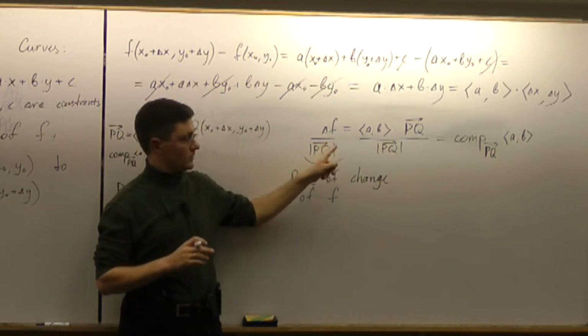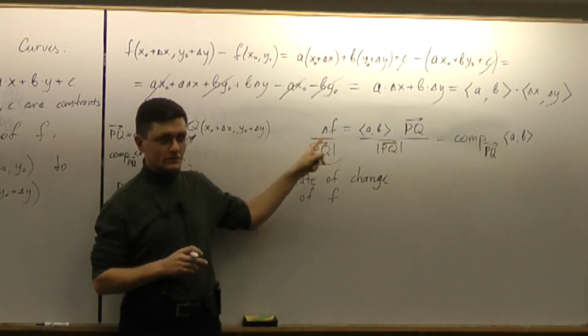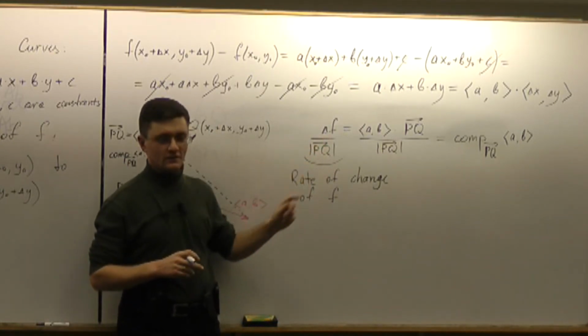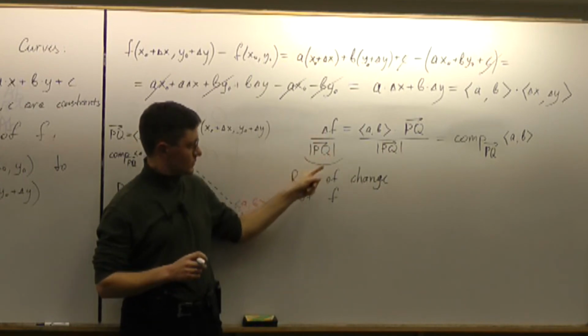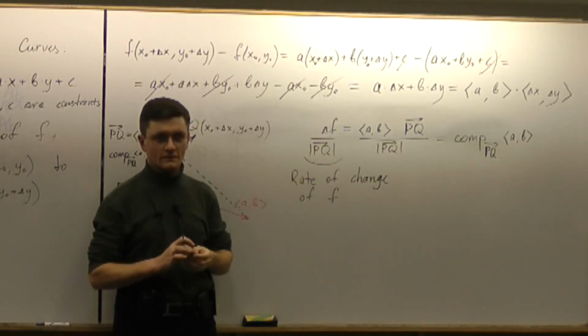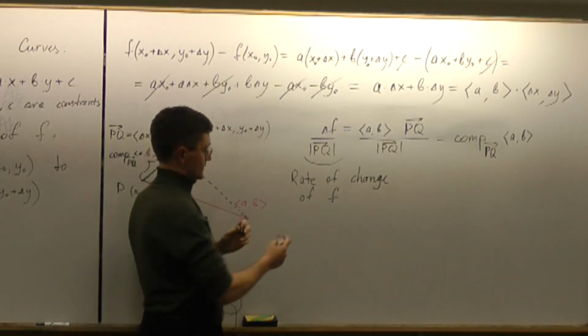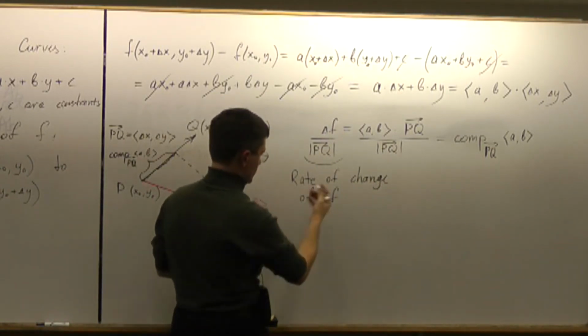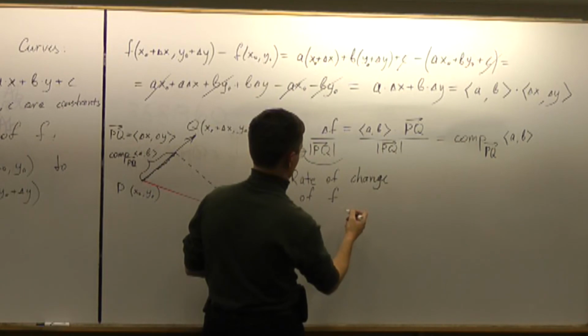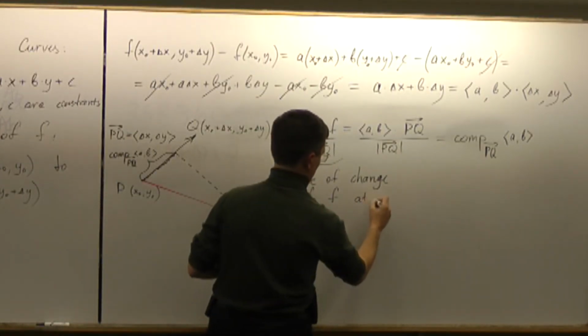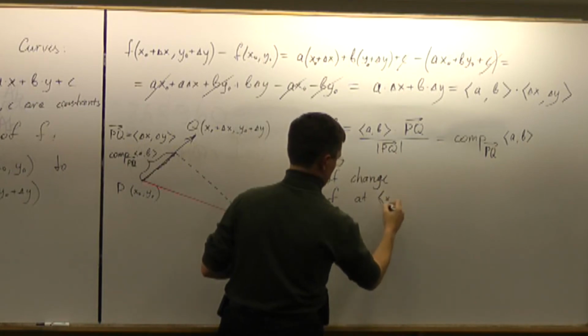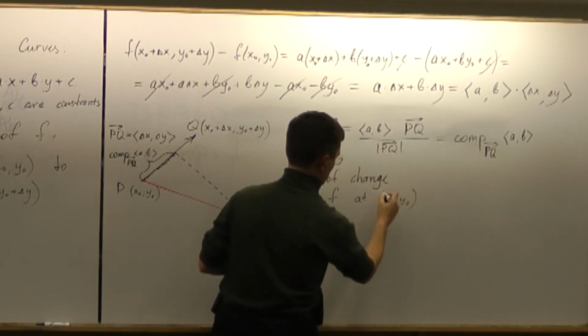So this is a special case when f is linear. I don't need any limit here. No matter how I change that, the ratio will be equal to the rate of change, in some sense. So, rate of change of f at this point, at the point x0, y0.